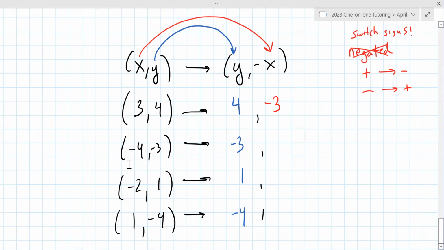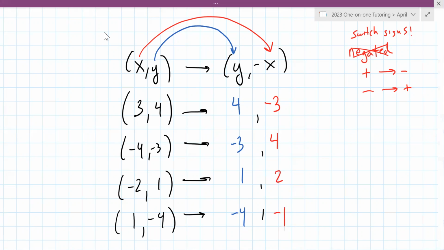You look at this number here that I'm circling, and what do you do to it? Good. Keep going. What's the next number? 2 and -1.